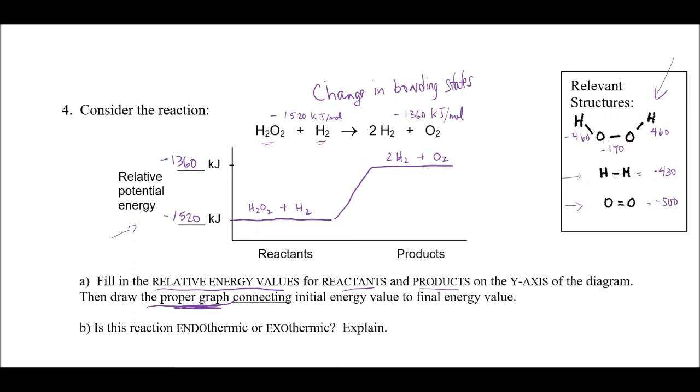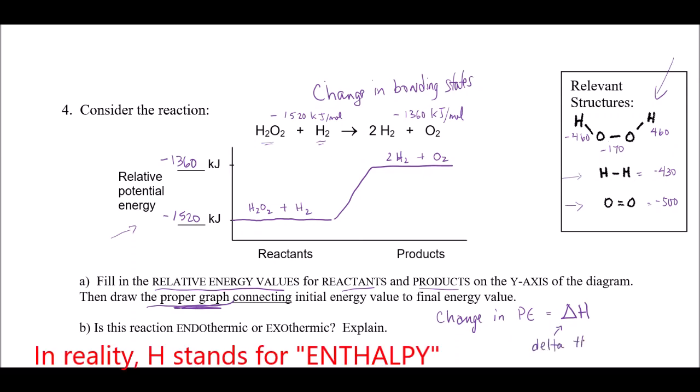And what's most important about this graph is what is the change? So the change in energy is symbolized with a triangle, which is delta, and an H, which you can think stands for heat. So this is delta H. That goes in the middle here. This is where it changes.